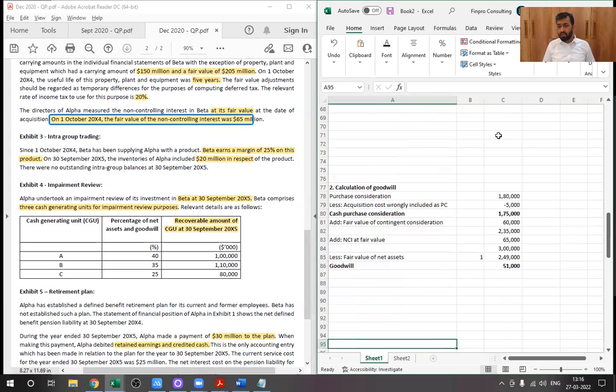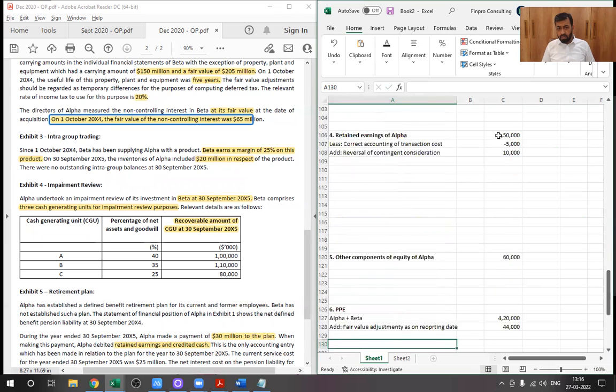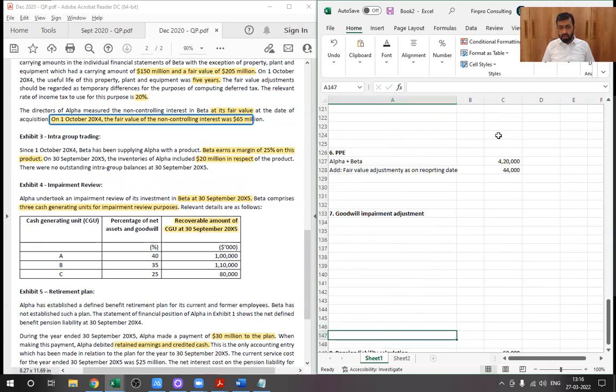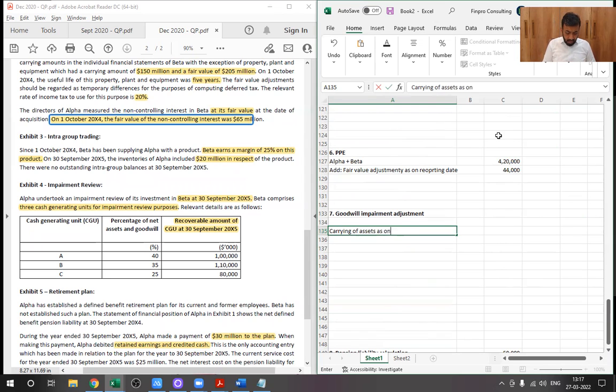I'll also have to calculate impairment. So I will go to that working note on goodwill impairment. I need to first allocate the carrying value of the assets as on 30th September, because the impairment exercise has been done on 30th September 20X5.